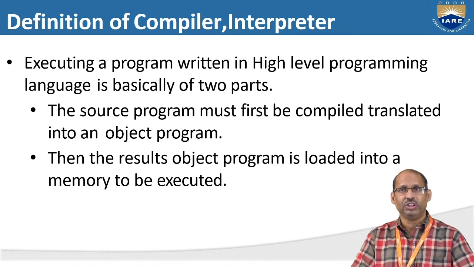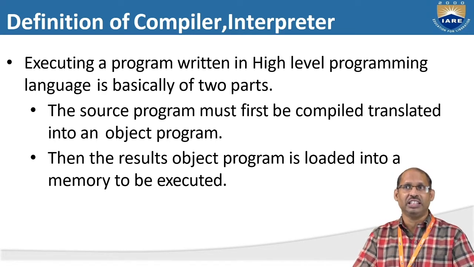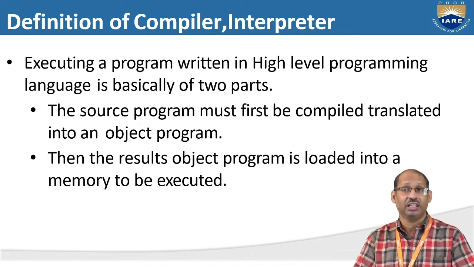So executing a program in a high level language has two parts. First part, converting into the low level object program. The second part, using the object program in the memory for execution. Any program to be executed must be in the memory.